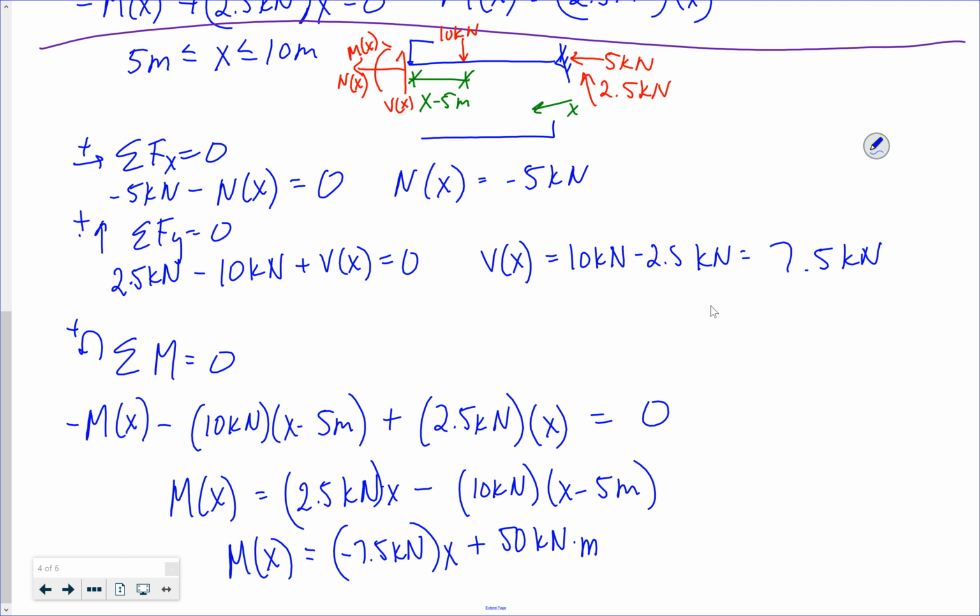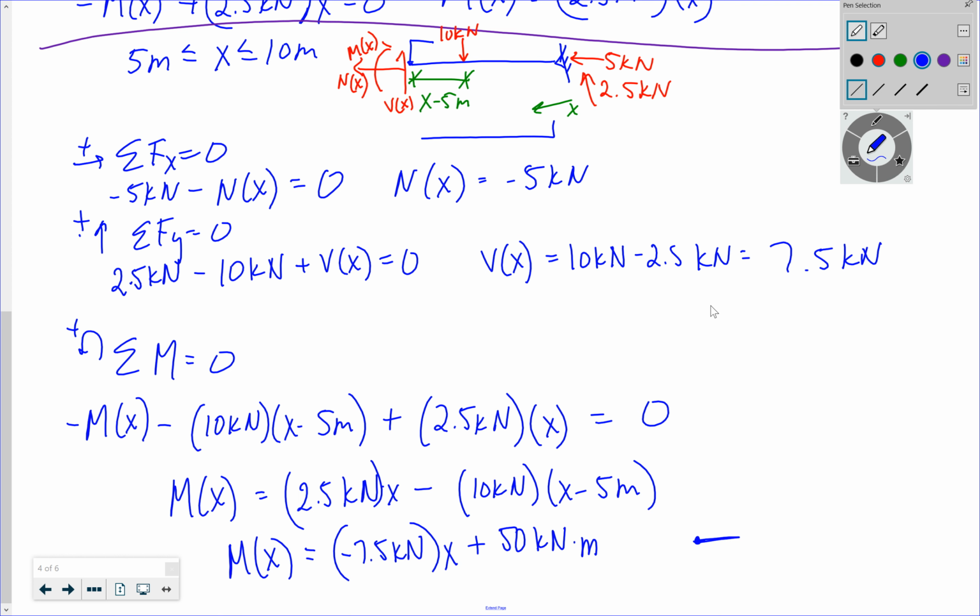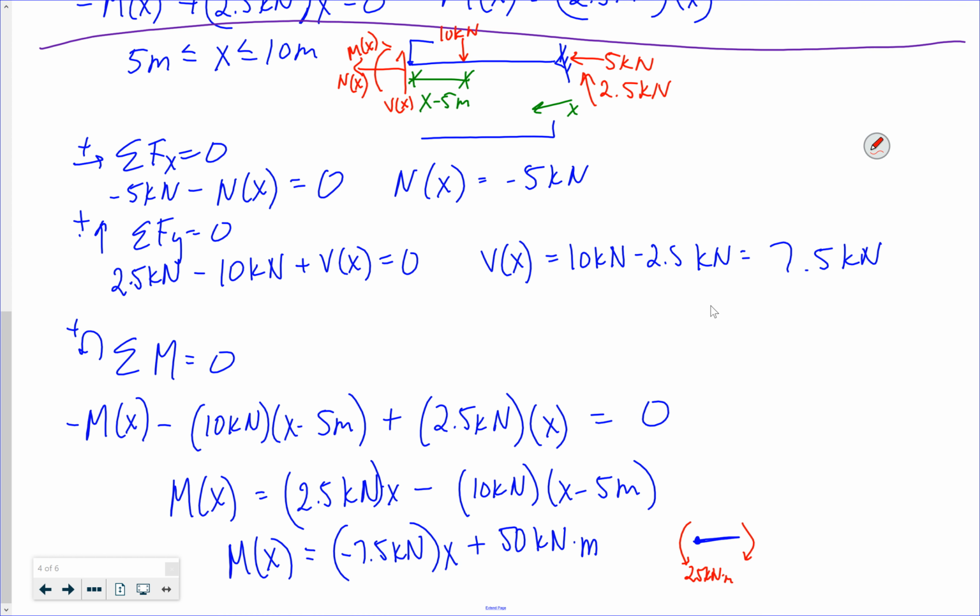Oh, I guess that makes sense. What happens is at the joint, right? If I'm looking coming from the joint, it is 25 kilonewton meters, so my immediate response would be a negative 25.